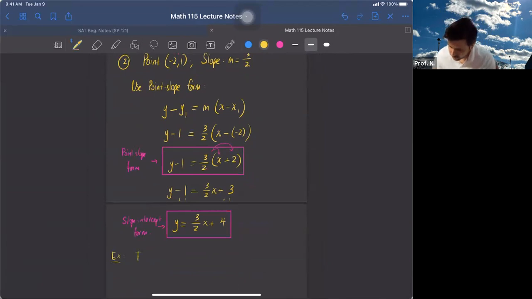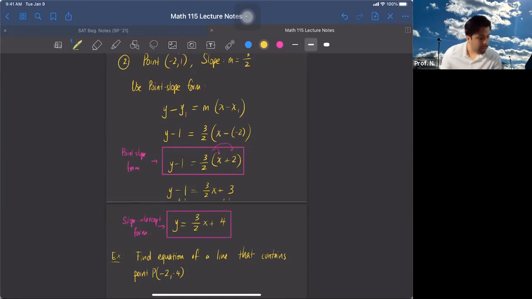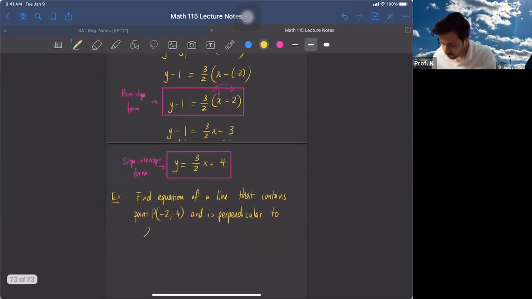So if I want to find the equation of a line that contains the point -2, -4, and is perpendicular to, pardon me, let me use another one. 3x minus 5y equal to 2.